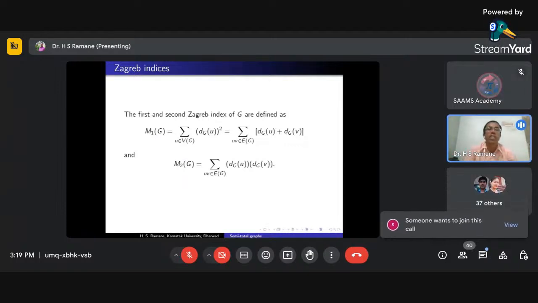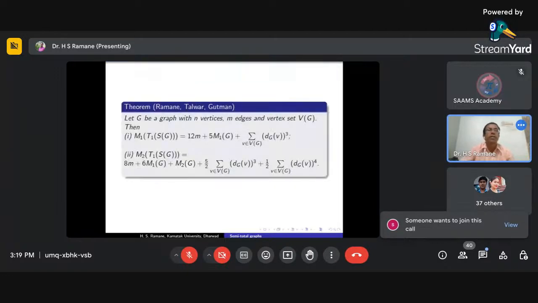Here we'll express some results on the semi-total graphs. If G is a graph with n points and m lines, and vertex set is V of G, then consider the first Zagreb index of the semi-total line graph of the subdivision graph.